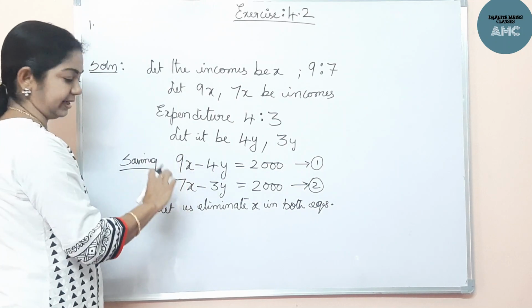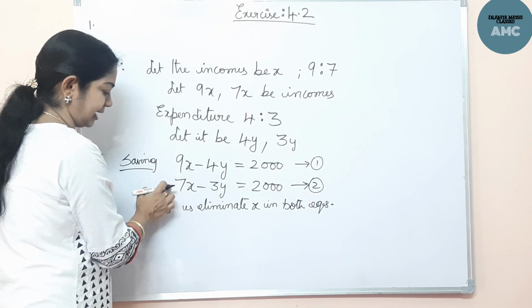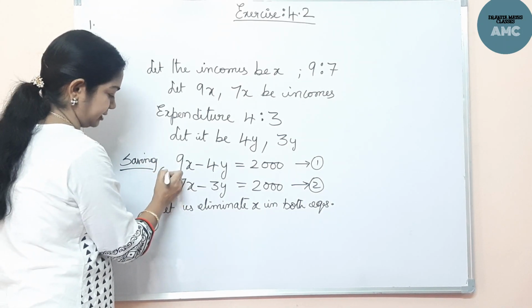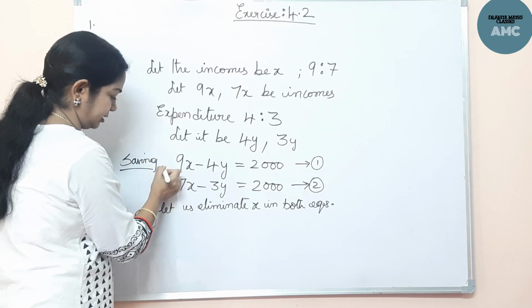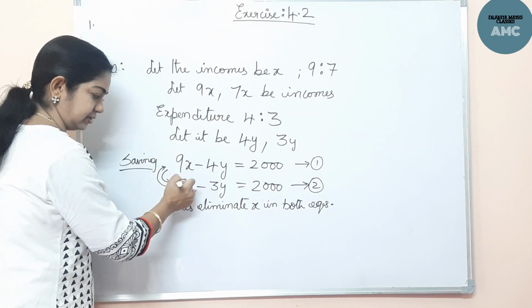To eliminate x, see the coefficients. Now this is 7, this is 9. I will multiply the first equation by 7 and the second equation by 9.